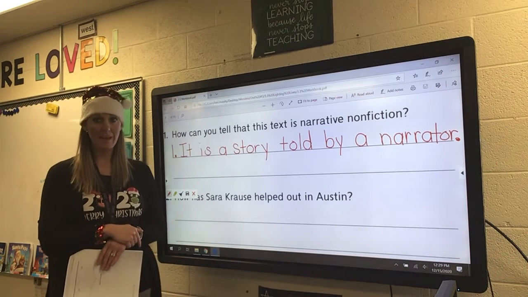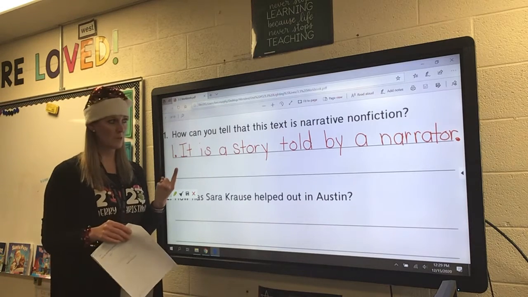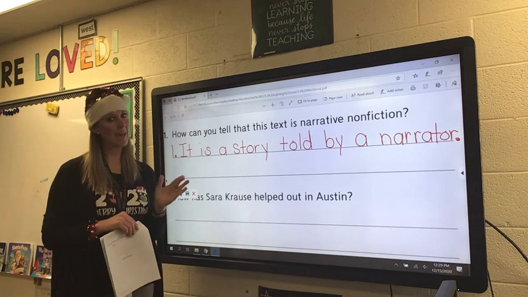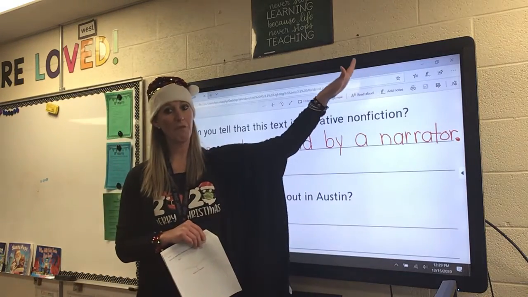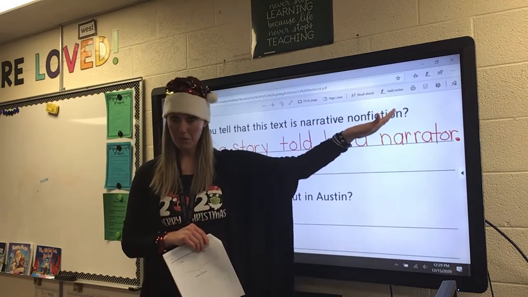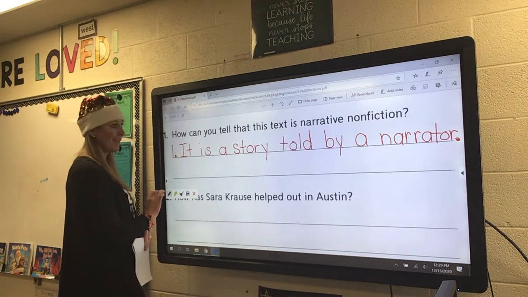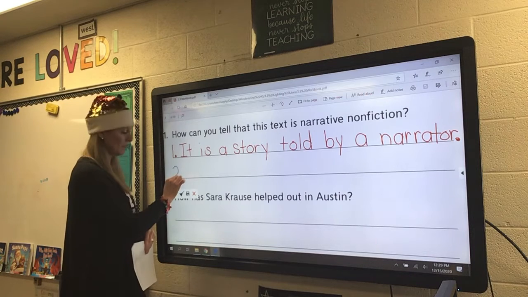The second element is, let's think about that. So it's a story told by a narrator. And what did it have for its feature? So if you think up above here, it had a photo and caption about Sarah. So a narrative nonfiction also has a photo and a caption.